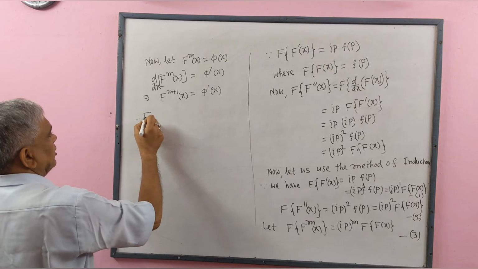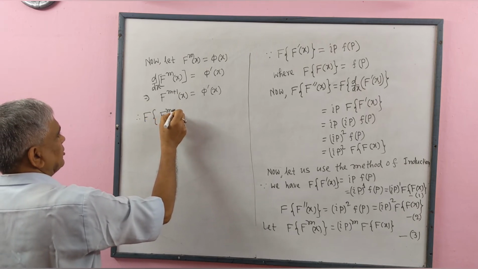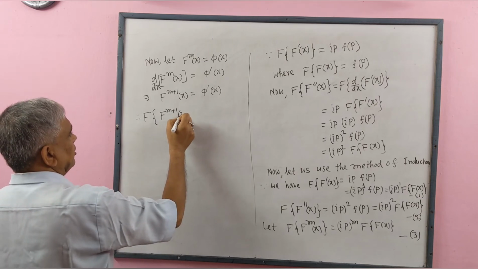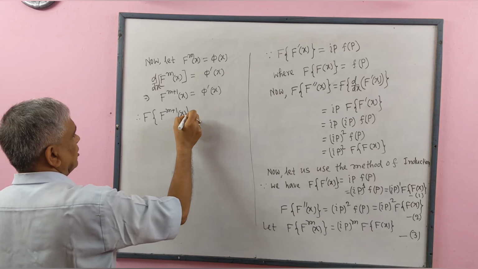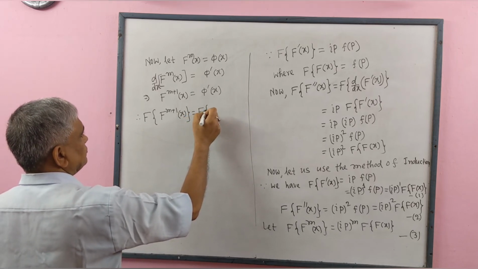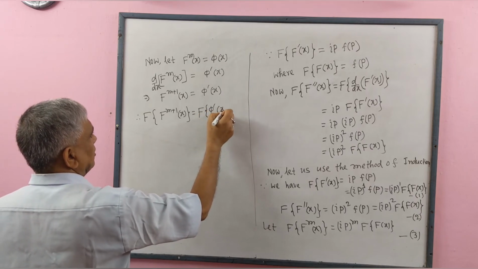Therefore, the Fourier transformation of f_{m+1}, meaning the (m+1)th order derivative of f(x), equals the Fourier transformation of phi dash x.